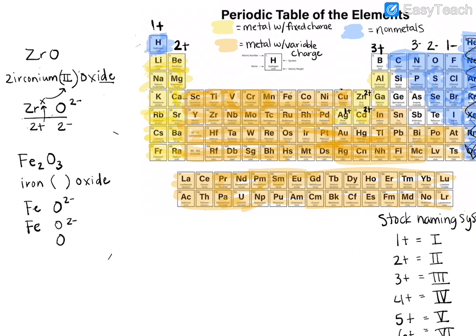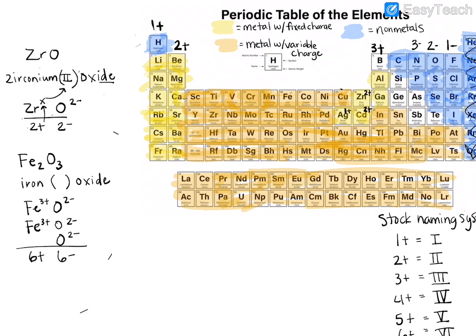And since there's 3 of them, that's going to be 6 negative charges total. Well, that means I have to have 6 positive charges total, because that's the only way I can have this neutral, stable ionic compound. So that means that, well, if this is 6 positive and there's 2 of these, I've got to divide this between 2. So 6 divided by 2 is 3.